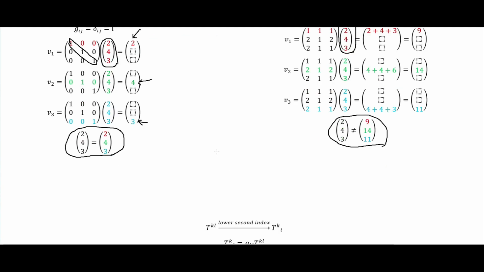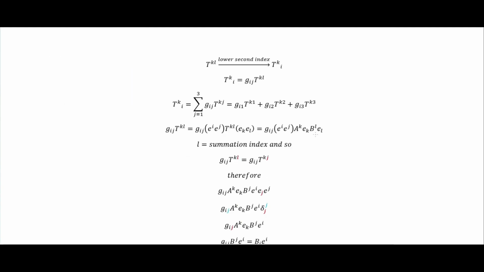And so that's just to show that it's not necessarily the case that those two things will be equal to each other. All right, then down here I have an example of lowering an index on a rank 2 tensor. So I have this rank 2 tensor, this T^kl, and we want to lower the second index. We have T^k_i, and we will do it using something like this. So this T^k_i is equal to this g_ij acting on this T^kl.